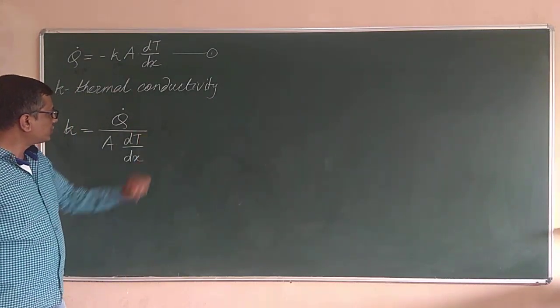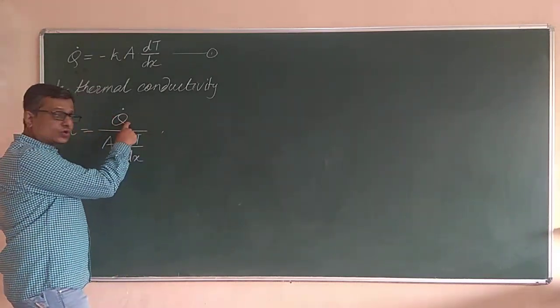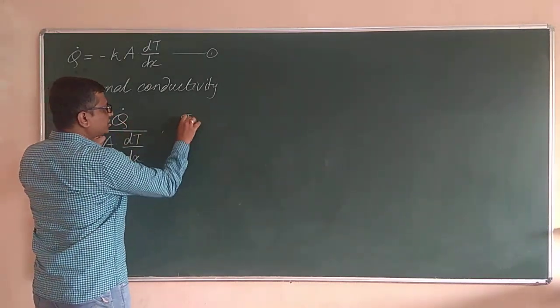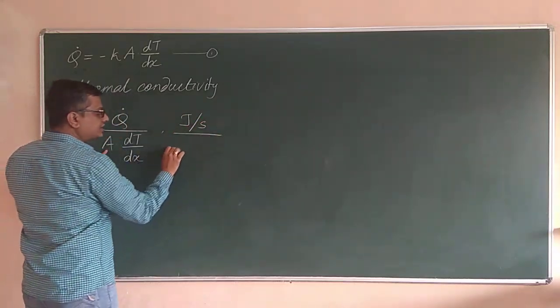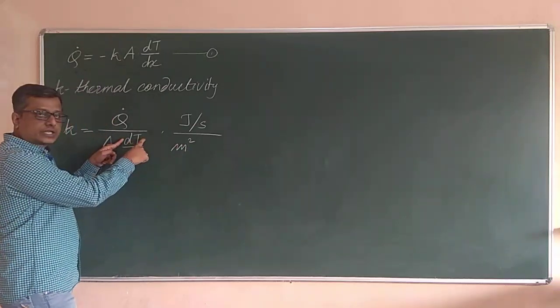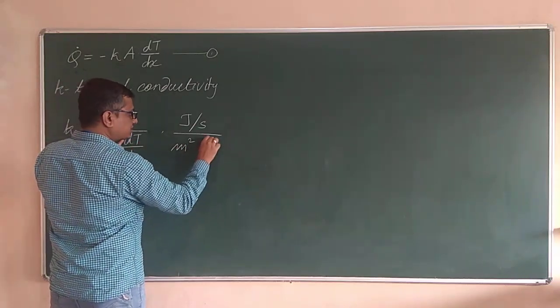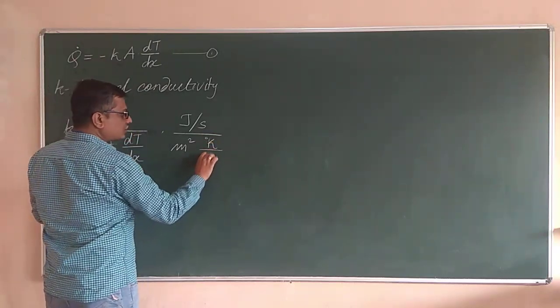Now from this I think we are able to predict the SI unit. Q dot, the rate of heat transfer, is expressed as joule per second, divided by area in terms of meter square. In dT by dx, dT is the temperature difference, so it is Kelvin, and dx is the distance, so it is meter.